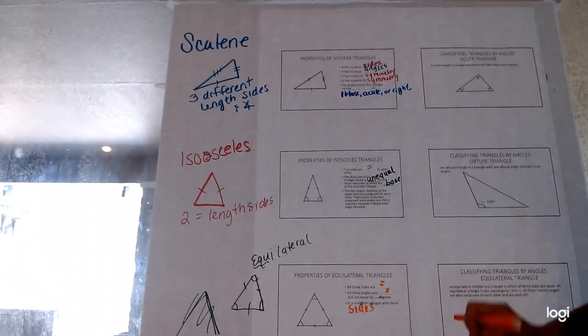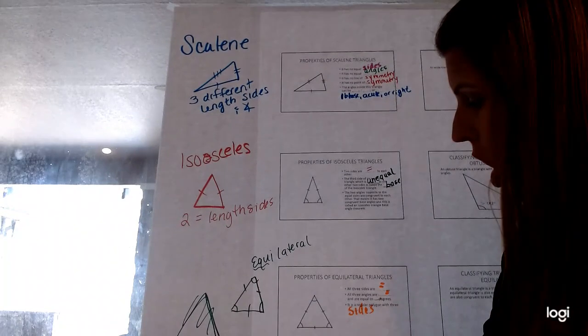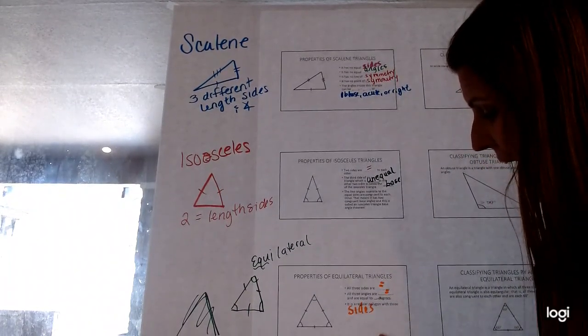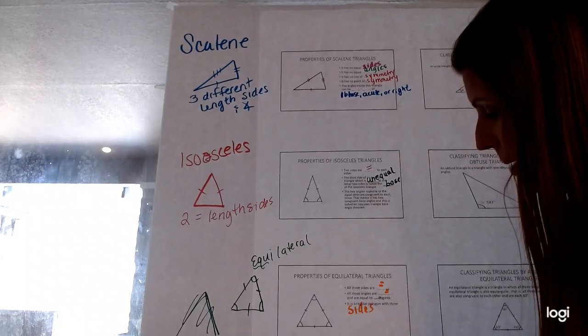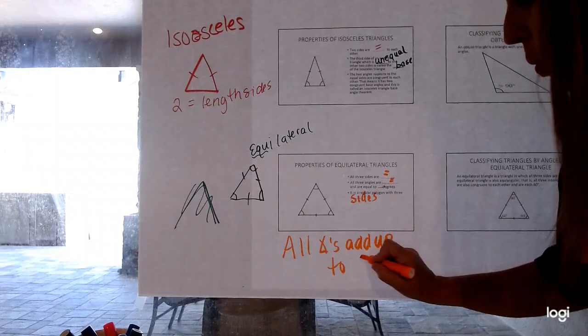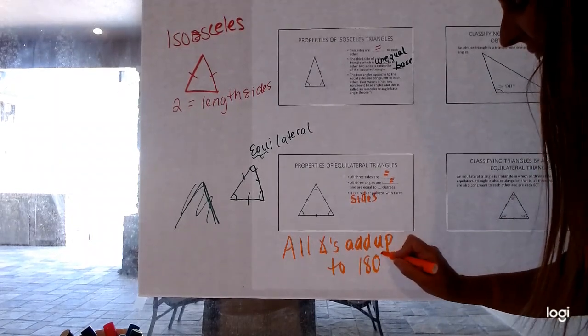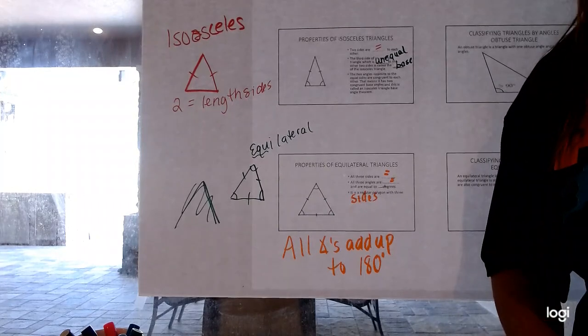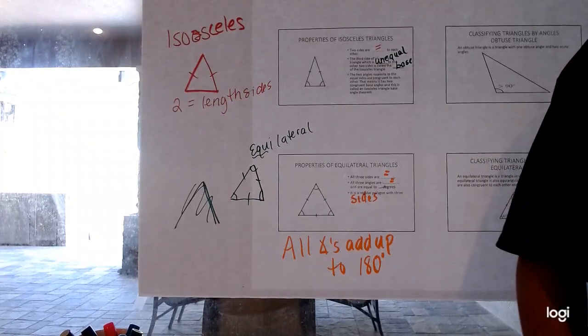And the big thing you need to know is that in a triangle, all angles add up to, you can't see what I'm writing, 180 degrees. So the three angles in a triangle are going to equal 180 degrees.